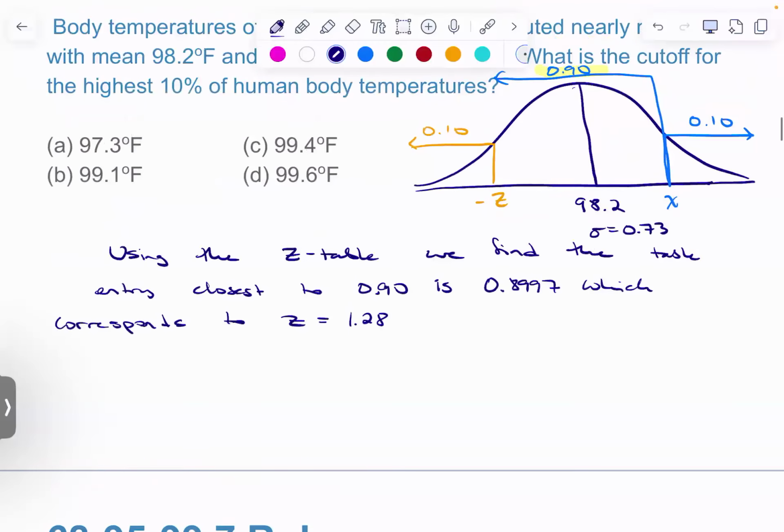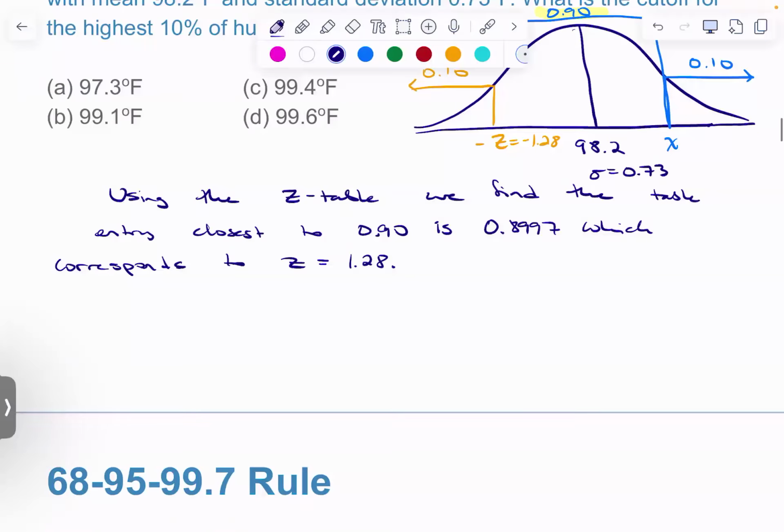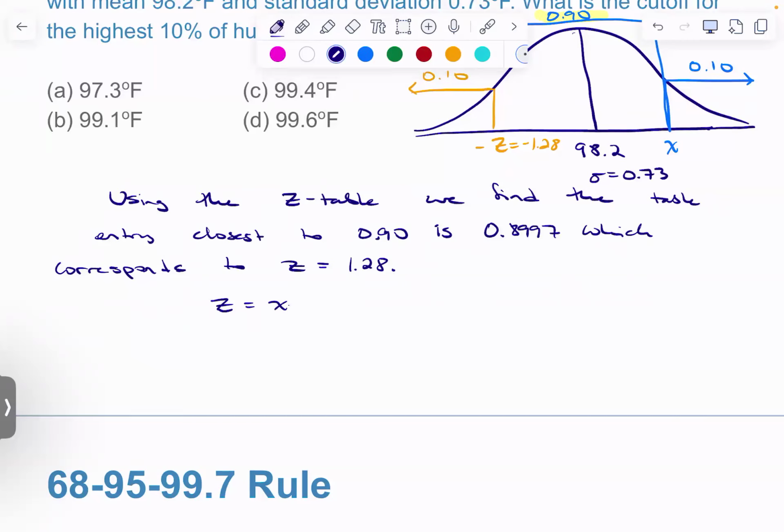So then you would expect this to be negative 1.28. You can try it, check it out if you want to, right? But you'd want to use the positive version because you're on the upper side of the mean. So solving for x, and I'll do it both ways.